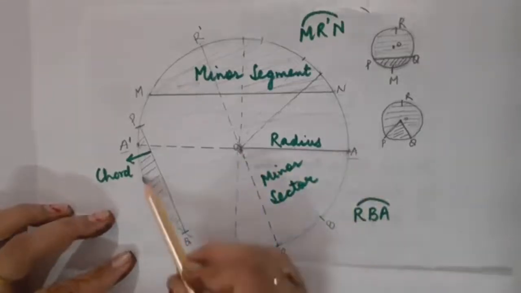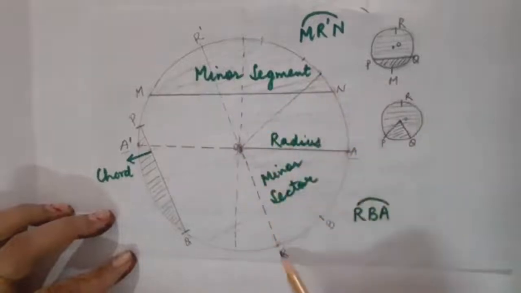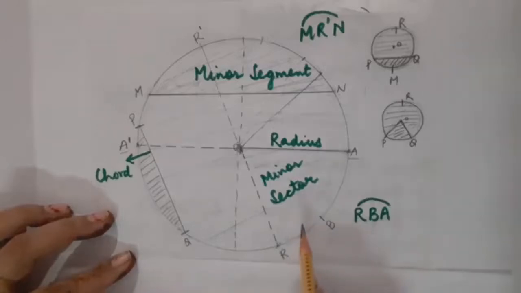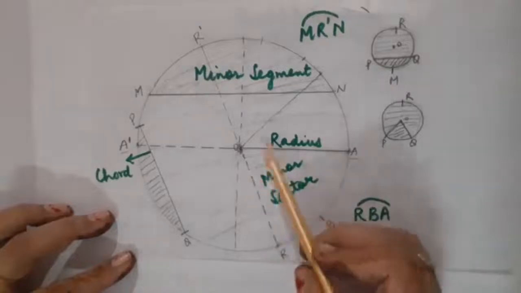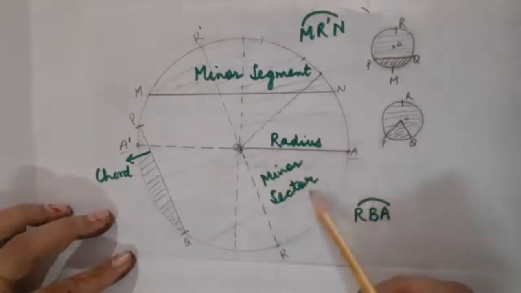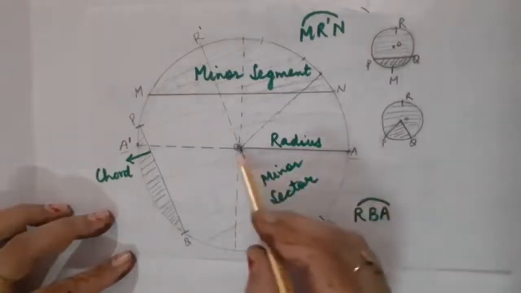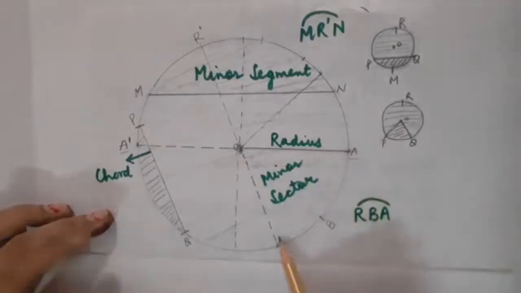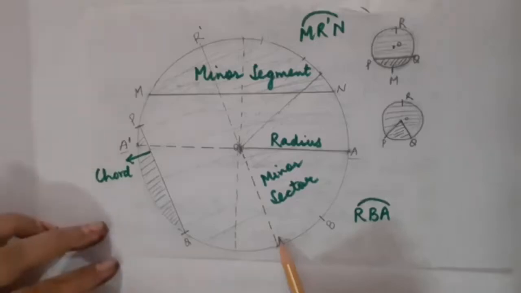But if I talk about the rest of the part, that will be known as major sector. How? Please be alert. First of all, you must know what you mean by sector. Sector is the region which is enclosed by two radii and the corresponding arc. That depends whether the arc is minor or major.